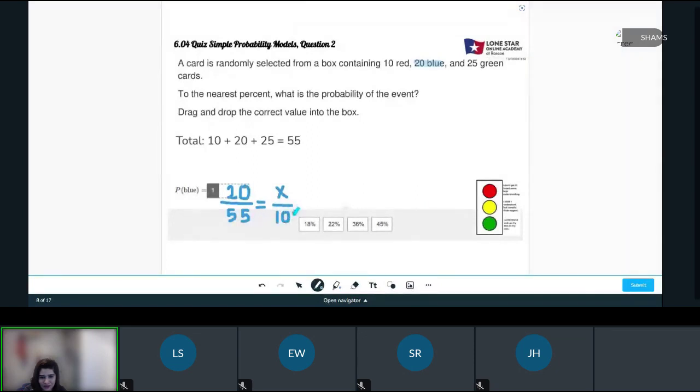And we can solve for x by doing cross multiplication. We will do 20 times 100. We get 2,000 and divided by 55.